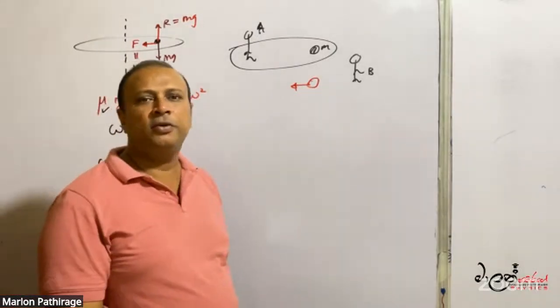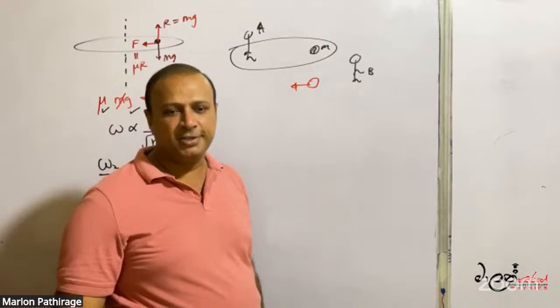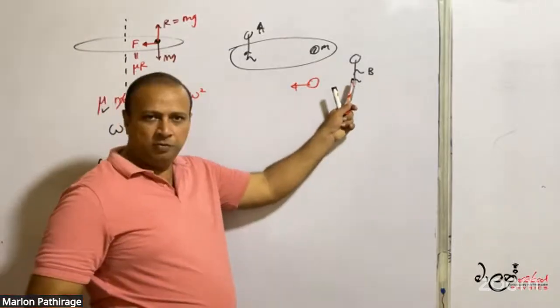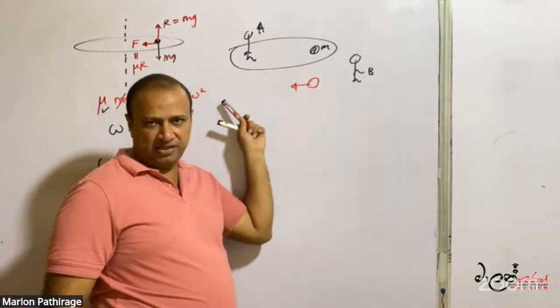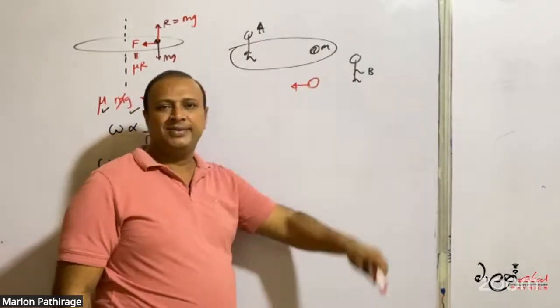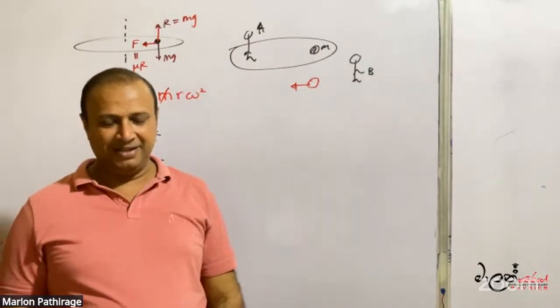With respect to B, there should be a force exerted toward the center. Otherwise, it cannot rotate in a circular path. With respect to A, there should not be any forces. Is that clear?